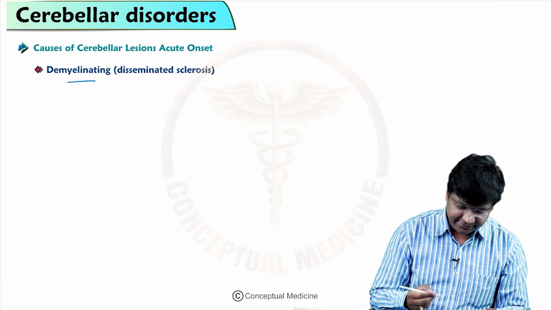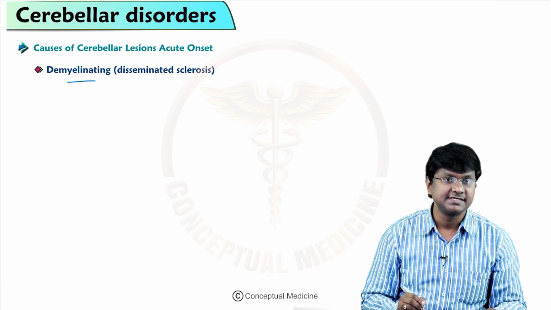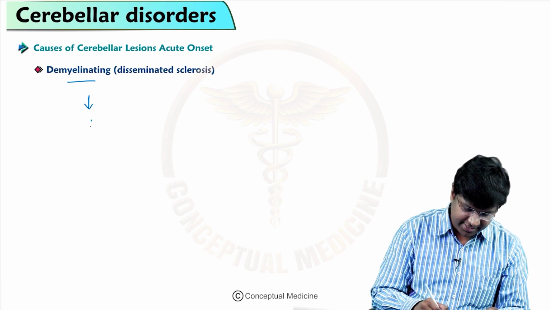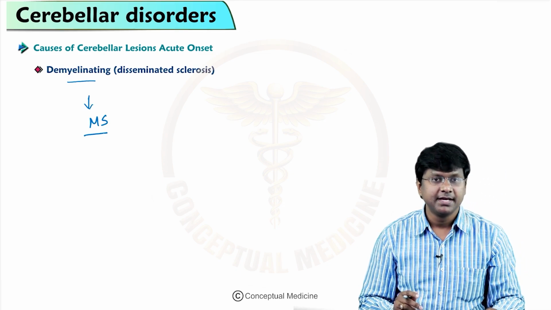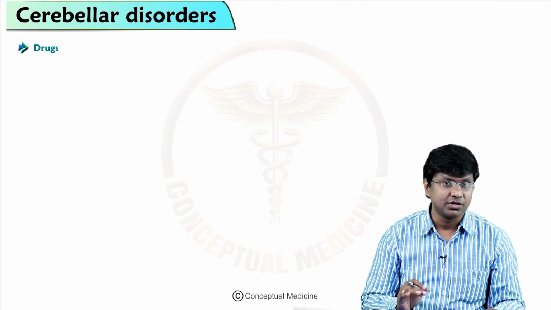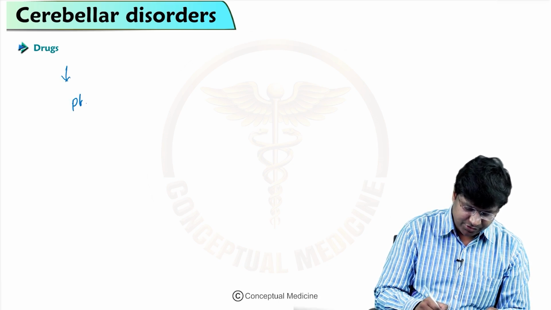Then we also have certain demyelinating lesions which will cause cerebellar signs and symptoms, and these include multiple sclerosis, right, and this is also acute in onset. And next we have drugs causing cerebellar damage, and these drugs include phenytoin sodium.